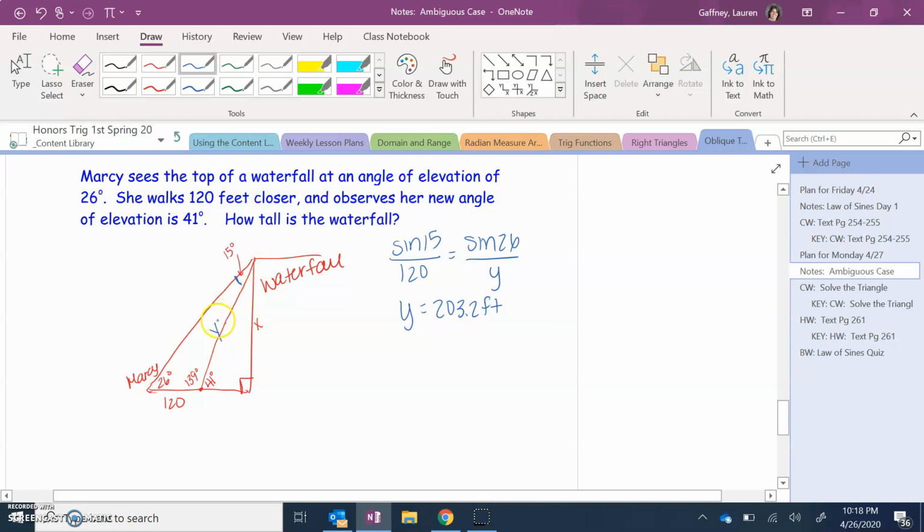So now, if I know that this is 203.2, I have a side in my right triangle. So now I can use right triangle trig. So I could say sine of 41 equals opposite over hypotenuse, so equals x over that 203.2. And I could solve that just like we did before and find that the waterfall is 133.3 feet.